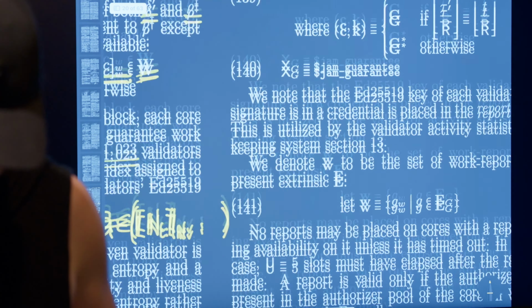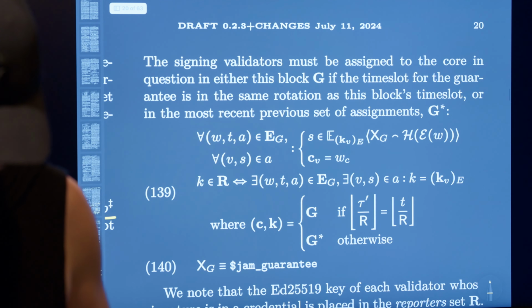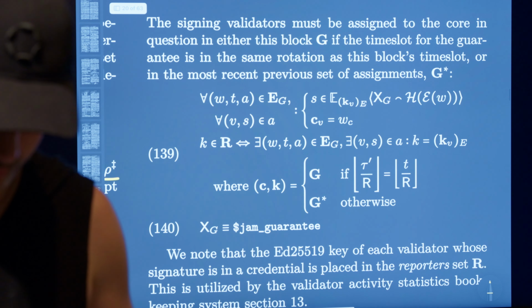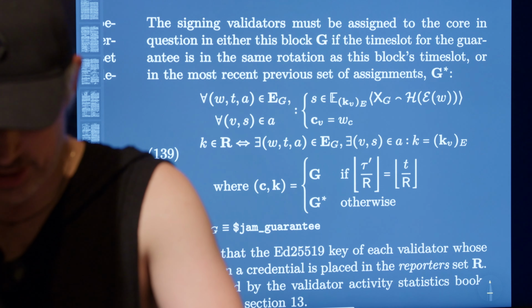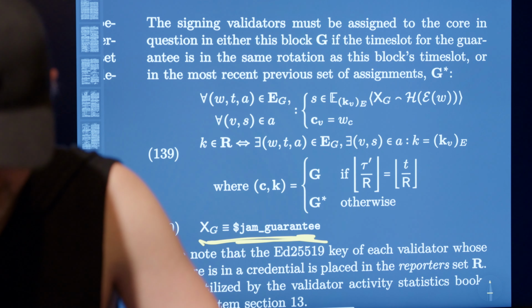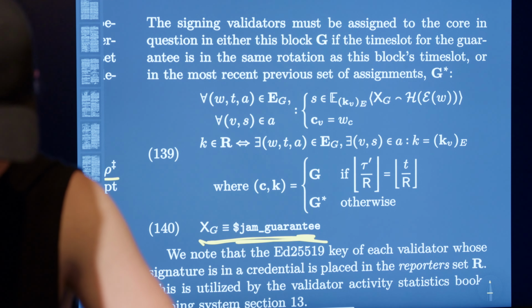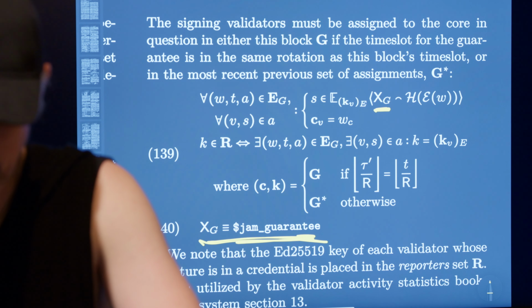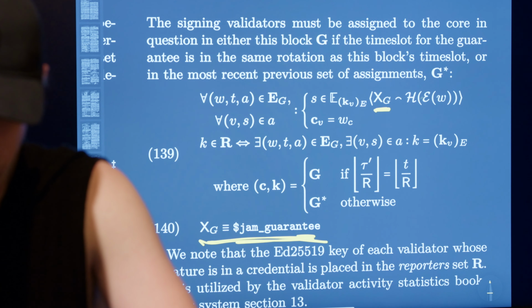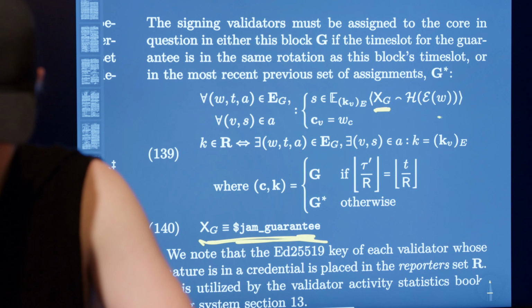So let's go a little bit deeper. Start with the easy one. XG is this string, jam guarantee. This is what makes up the context of the signature. On top of that, I've actually bothered putting the encode function in here.